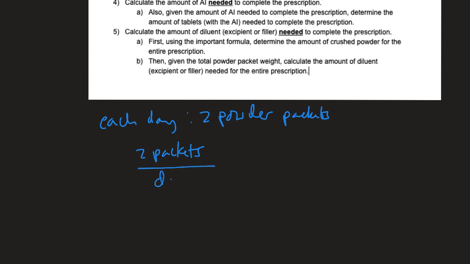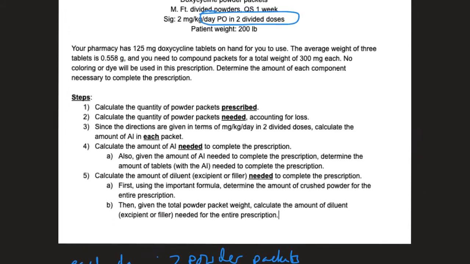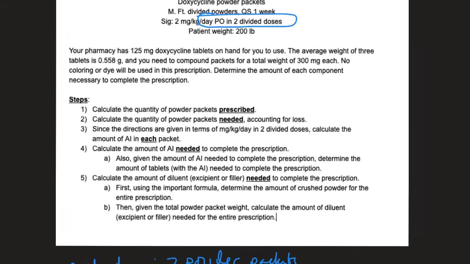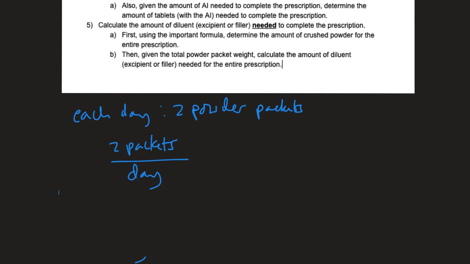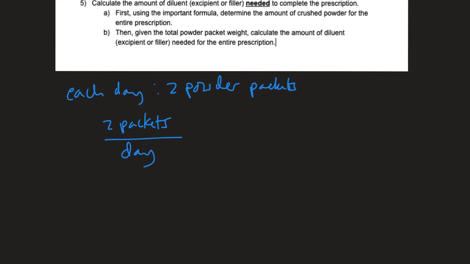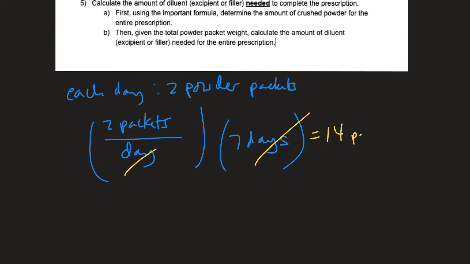So 2 packets per day, and we're making enough for 1 week. A week has 7 days, sorry. Every week has 7 days. So days cancels out in the numerator and the denominator, 7 times 2, meaning 14 packets prescribed.